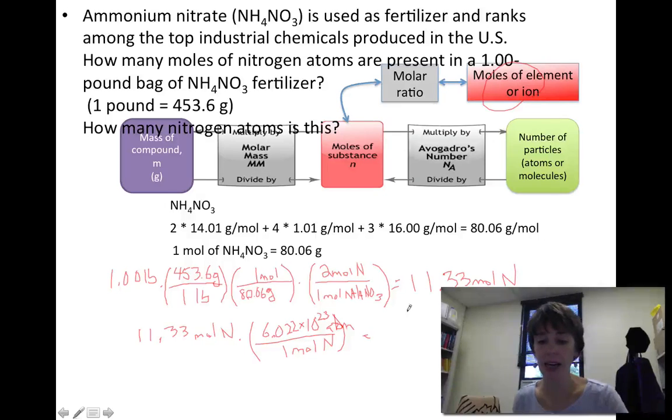And when I do that, I get a value of 6.82 times 10 to the 24th. With significant figures, we were given 3 on the given piece of information, so we would want to not show that last 3.